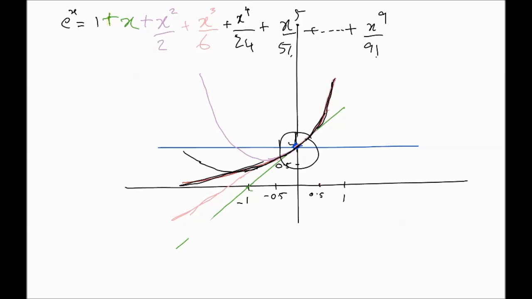The more terms you take, it's very accurate close to this point. If you go further away from the point, then the Taylor series becomes less accurate. You'll have to take more and more terms to get it closer to what it's trying to approximate. Hopefully that gives you some idea about how the Taylor series works.